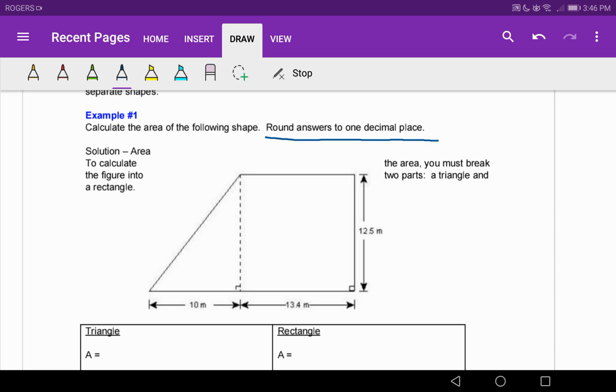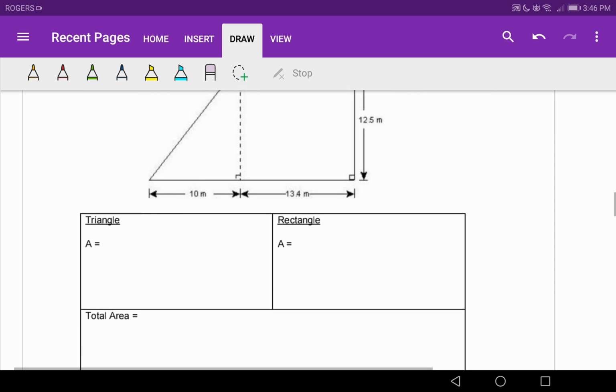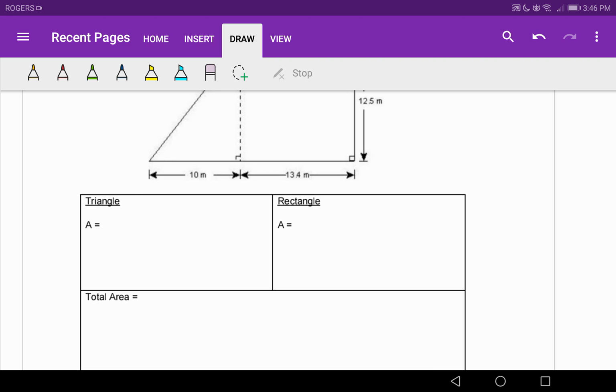All right. Let's look at how this is broken down and how I want your solution to look. So you can see that I have done three different tables here, or 3 different boxes that we're going to fill in. 1, 2, and 3. The reason why I have 3 here is because one of them we're going to find the area of the triangle.